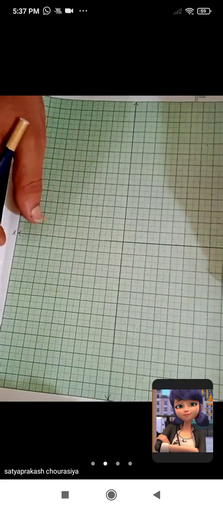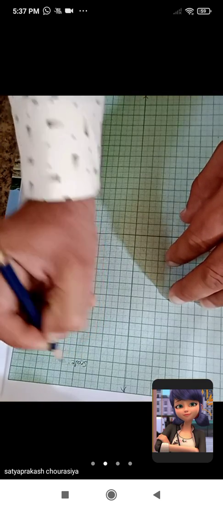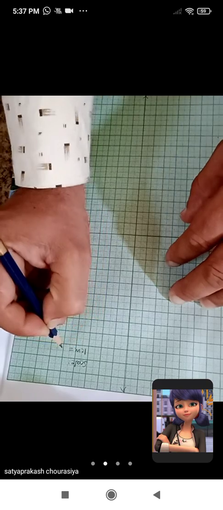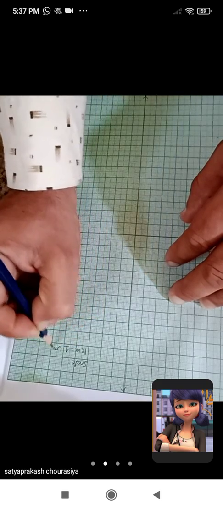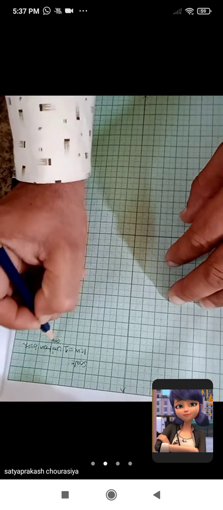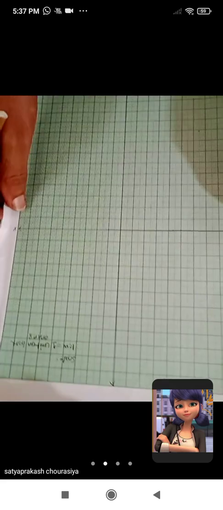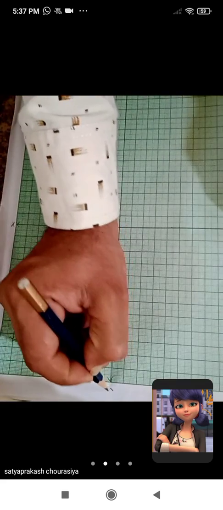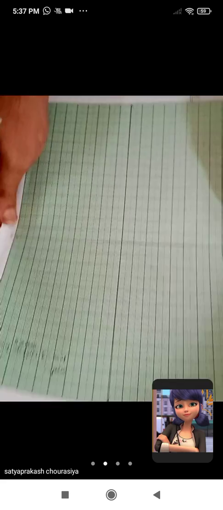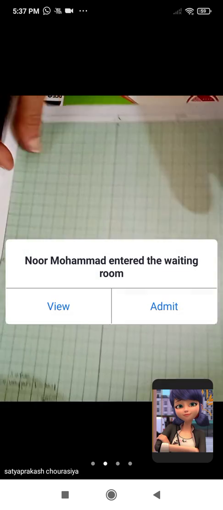Now student, write down the scale. Scale 1 centimeter is equal to 1 unit on both axes. Now label the y-axis, Y, Y apostrophe.